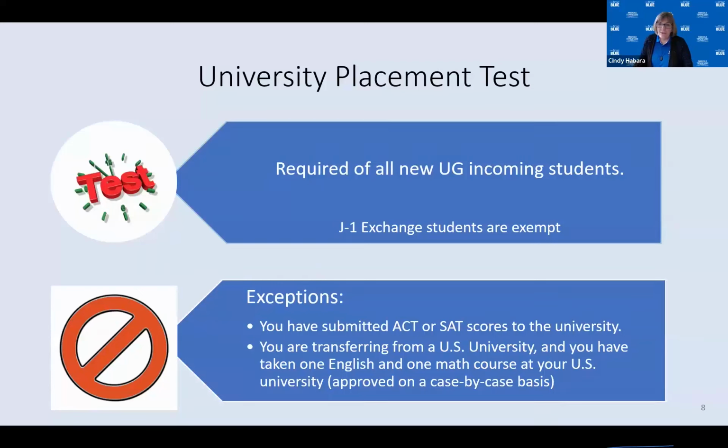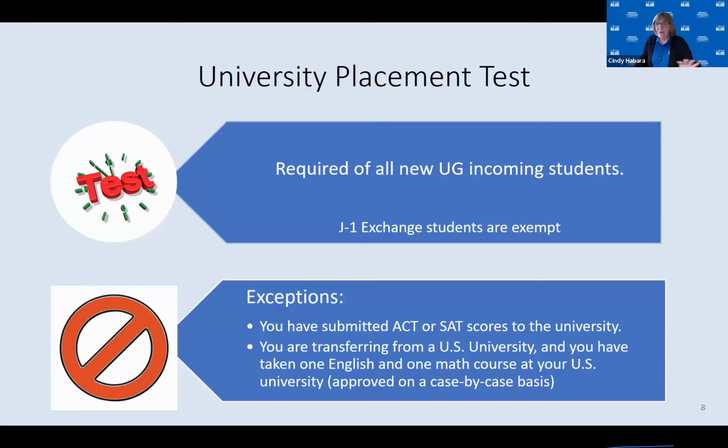If you are transferring from a university within the United States, you must have had one English course and one math course. These are degree-bearing courses. These are not ESL or developmental courses. You must have at least one English, one math that you passed with a C or better, and then we can exempt you from the placement test.